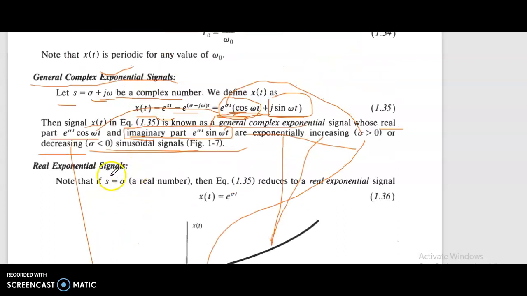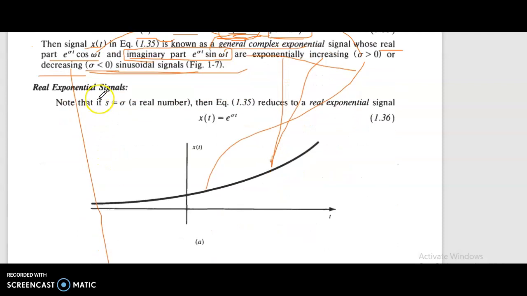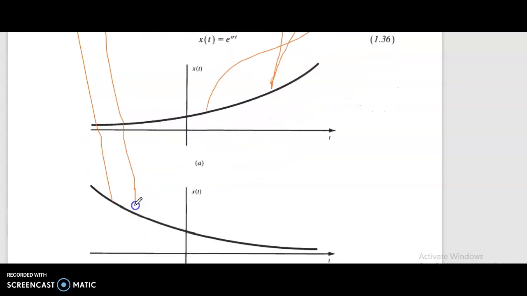That's why here it is decreasing and here increasing.